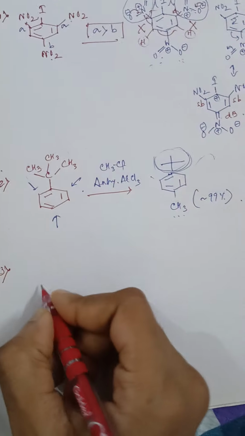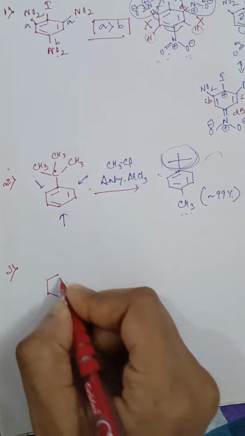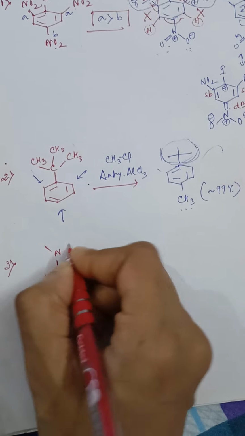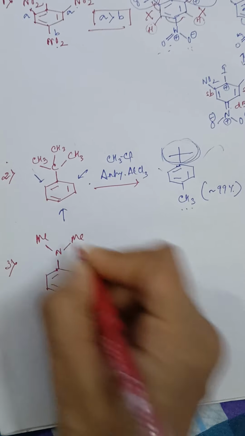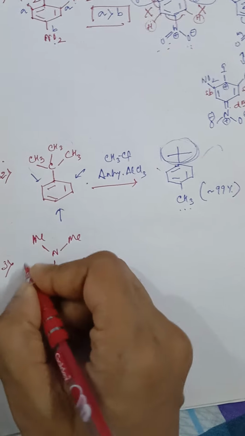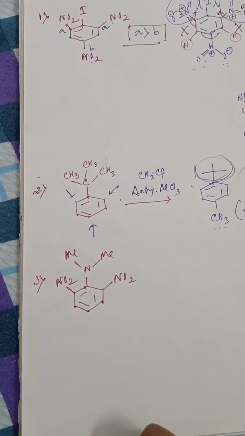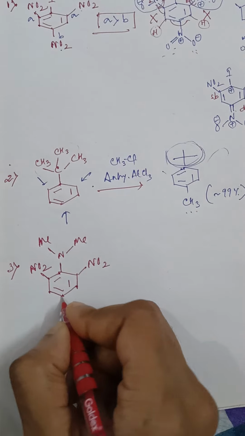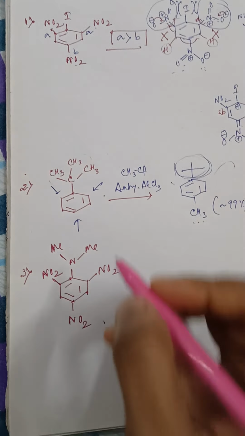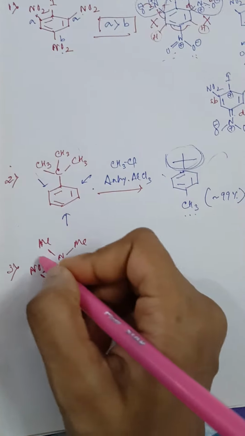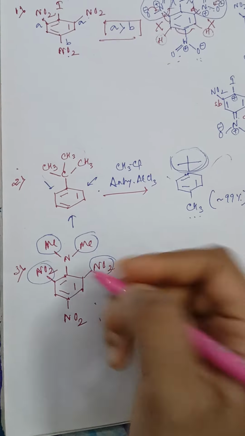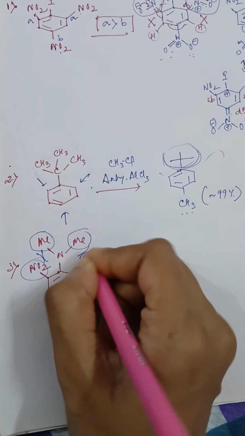Now the next example. Here a methyl group is present, NMe2, and here a nitro group, and here also a nitro group. Now what happens, this is large in size, this is also large in size, again steric inhibition, right?